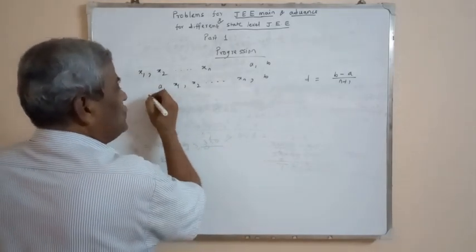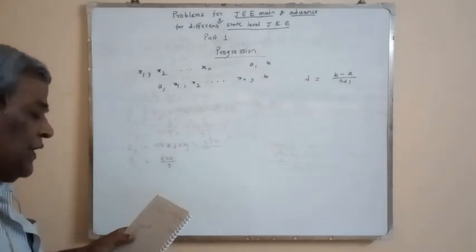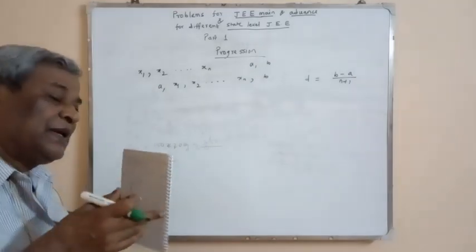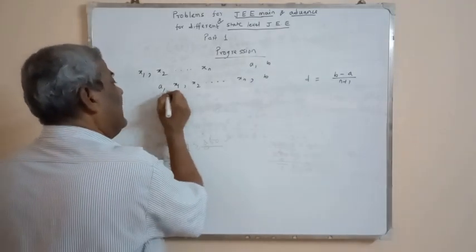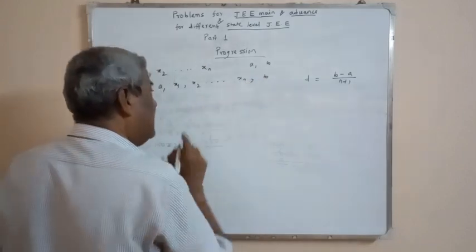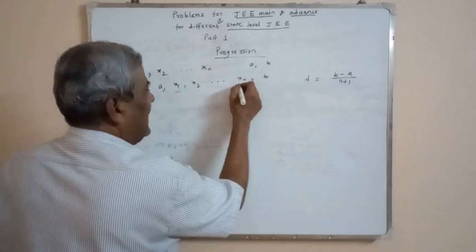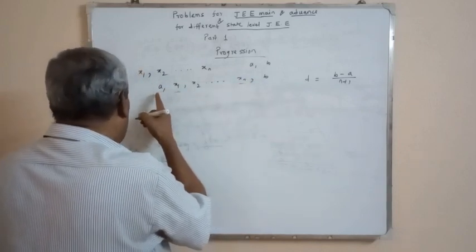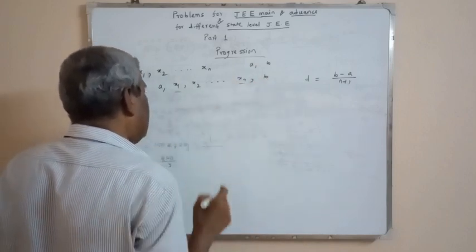Suppose this is an AP. For a series in AP, the sum of two equidistant terms, one from the beginning and one from the end, means suppose this and that: it is one term after the beginning and this is one term before the end.